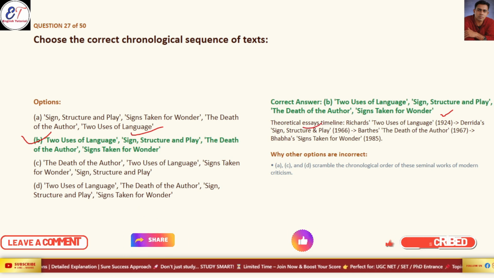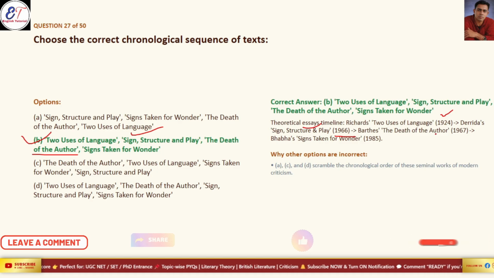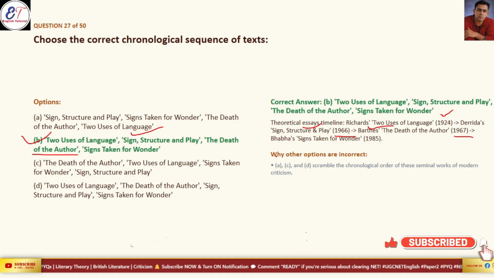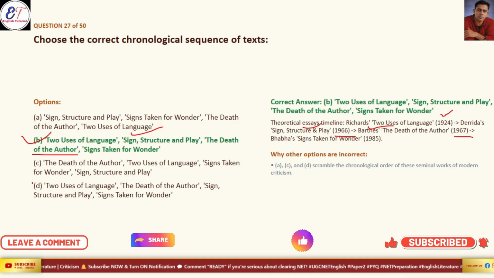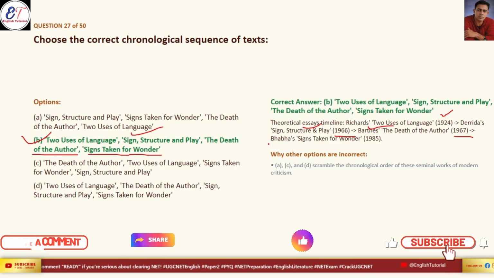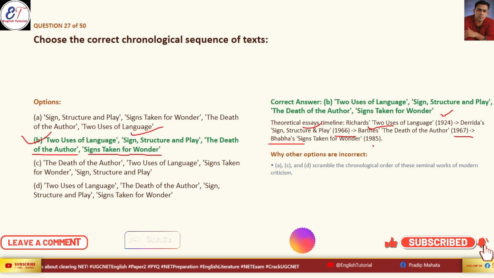This one came in 1966. Then The Death of the Author by Roland Barthes in 1967, and Signs Taken for Wonders by Homi Bhabha, which came in 1985.